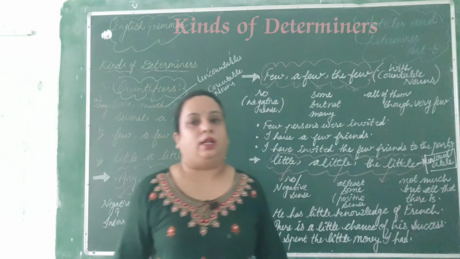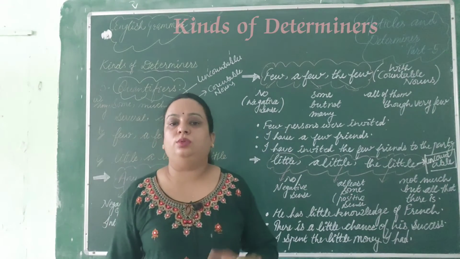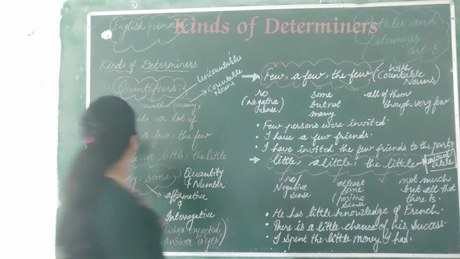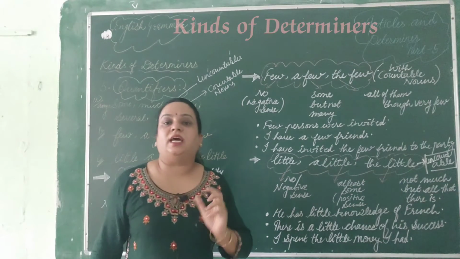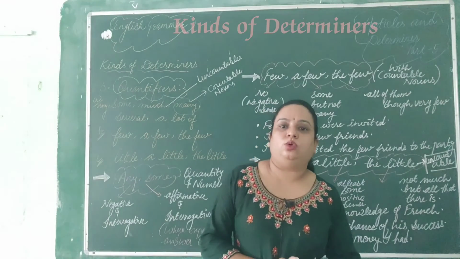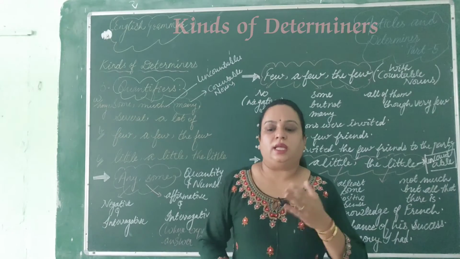I hope you understand. Next we have to do the last kind, that is kind number 6, that is interrogative determiners. Dear students, as you know, we have done it many times.